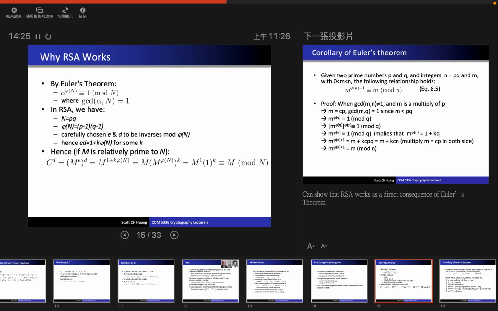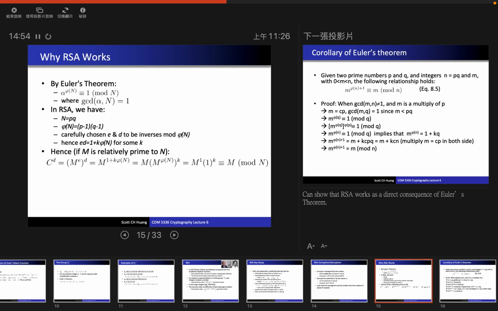So if they're multiplicative inverses of each other, then this is what you get. The only thing that works is the remainder. Anything that's a multiple of phi n will have no effect, because of Euler's theorem: anything raised to the power of phi n equals the multiplicative identity. So it will be no use.